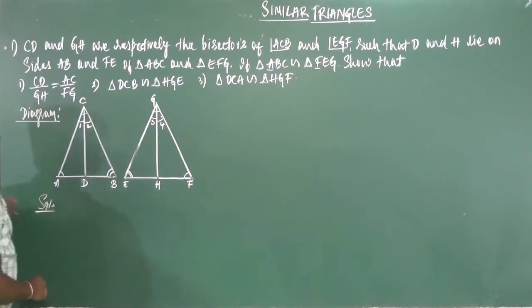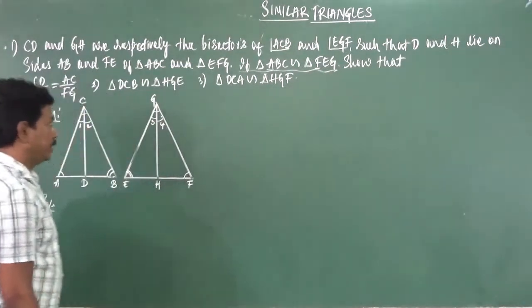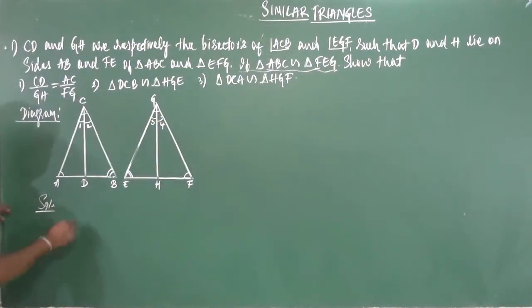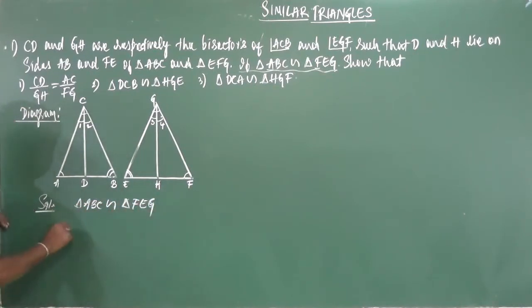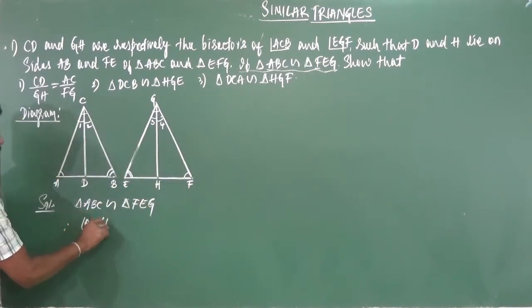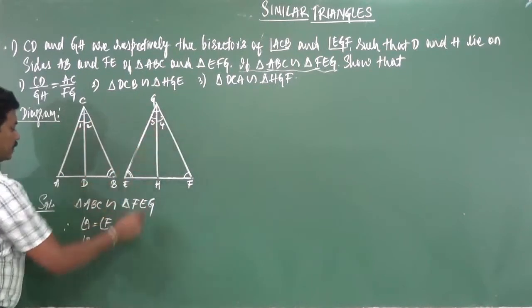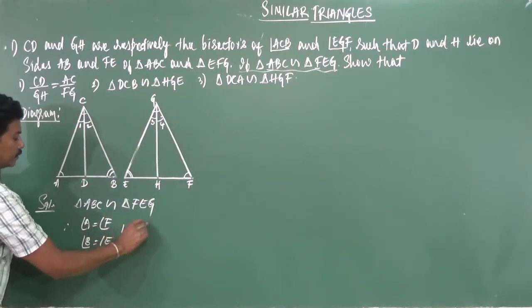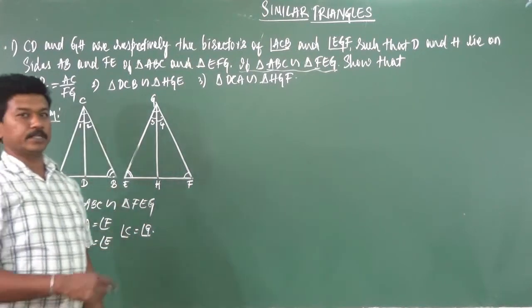It is given that triangle ABC is similar to triangle FEG. So let us start the writing from that point. Triangle ABC is similar to triangle FEG. Therefore angle A is equal to angle F, angle B is equal to angle E, and angle C is equal to angle G. Apart from that, we have to write the corresponding sides which are proportional.